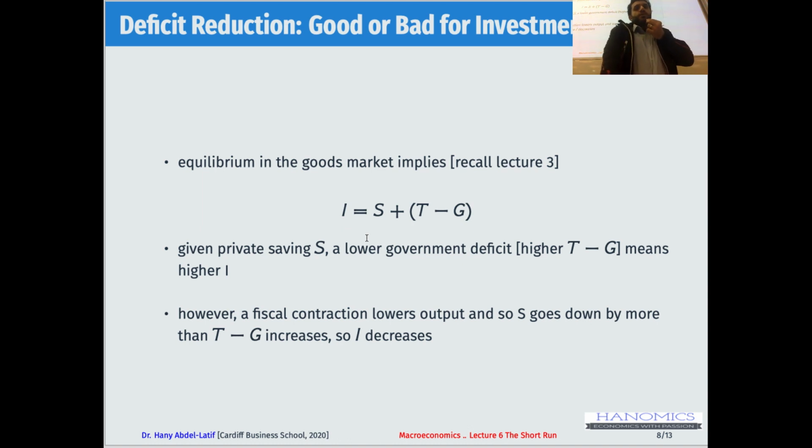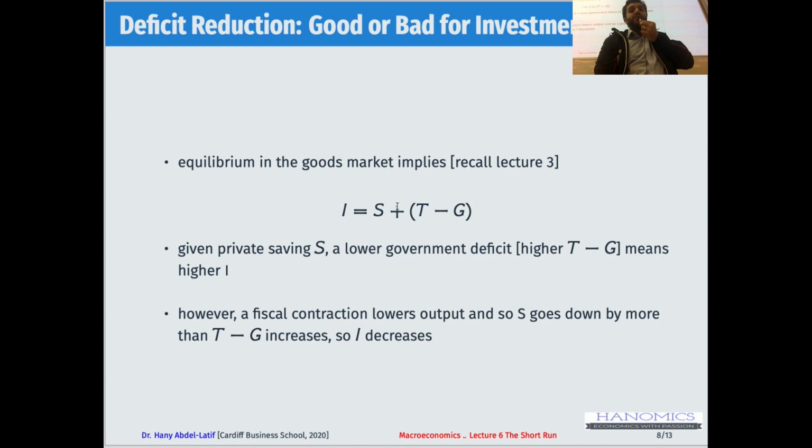There is another example here which relates to what we talked about before. If you remember, when we talked about equilibrium in the goods market, we said the equilibrium condition can be stated as production equal income, or investment equal saving.